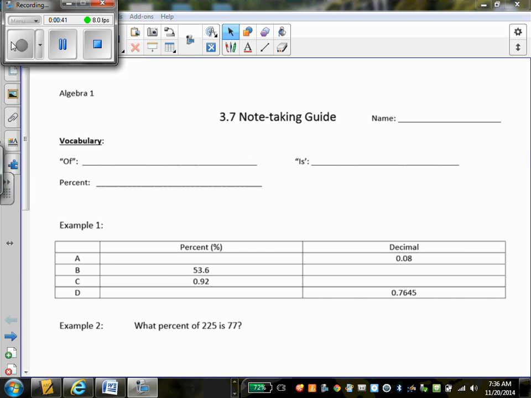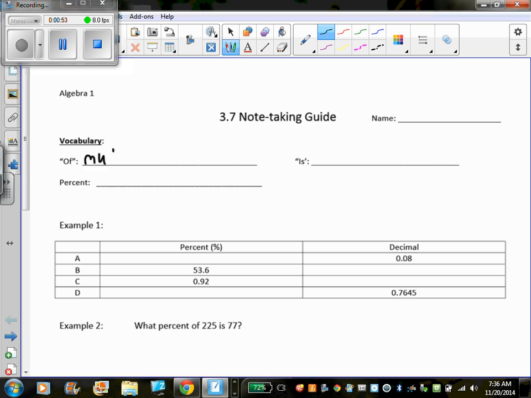Before, though, we need a little bit of vocab. The first word is "of." You will see "of" in these problems a lot. When you see "of" in a percent-based problem, what that means is multiplication. So "of" will basically mean times.